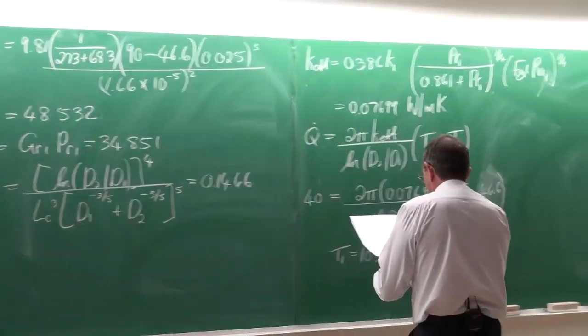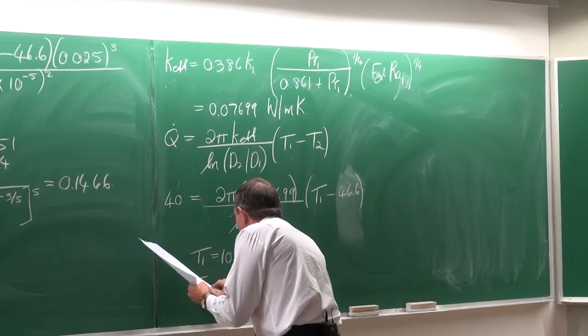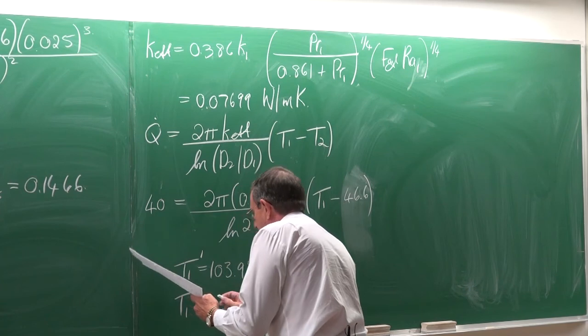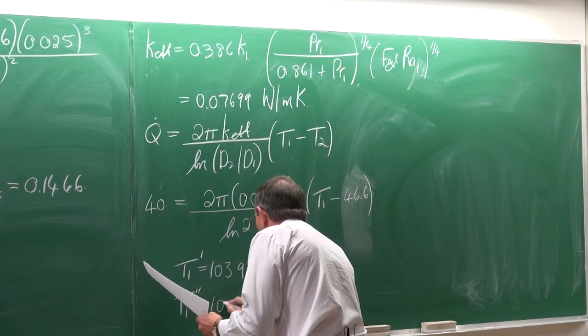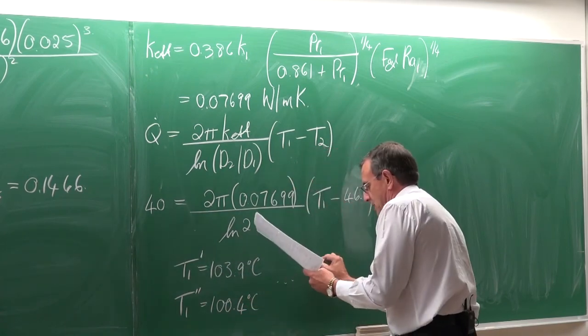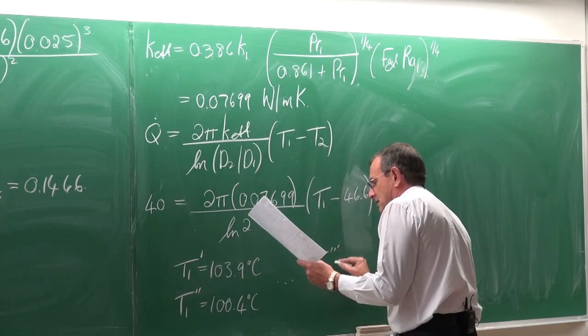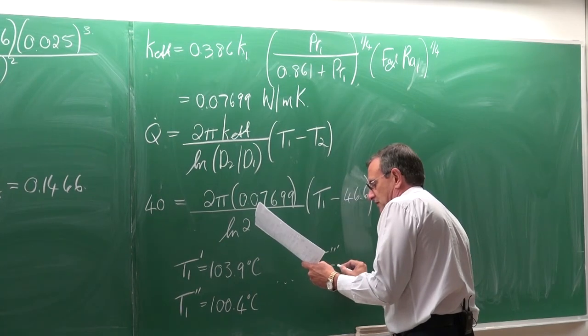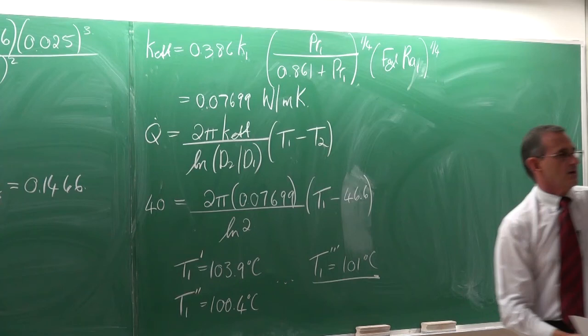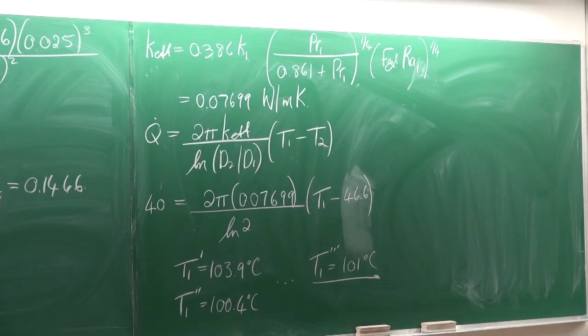Then I got a value of 100.4 degrees Celsius, and it quickly converged to, I think after the third iteration, 101 degrees Celsius. So if that water is not under pressure, it's going to boil.